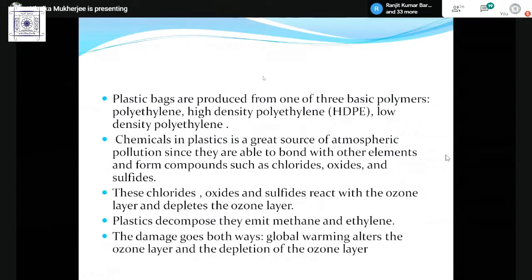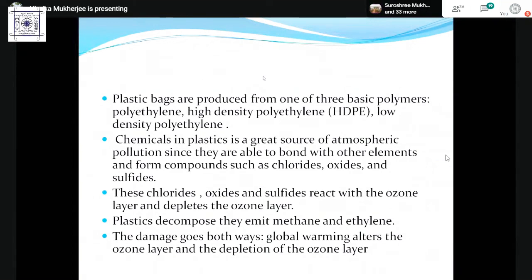Now, recent studies have shown that plastic bags, which are produced from one of the three basic polymers, that is polyethylene, high density polyethylene, and low density polyethylene, are also one of the reasons due to which the ozone layer might get depleted, because these elements form compounds with other substances to form chlorides, oxides, and sulfates.